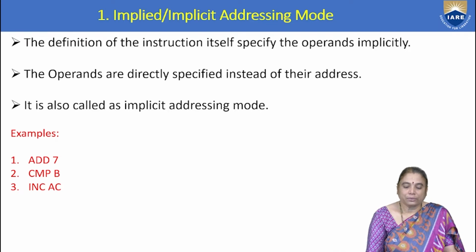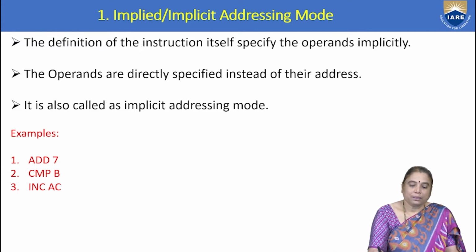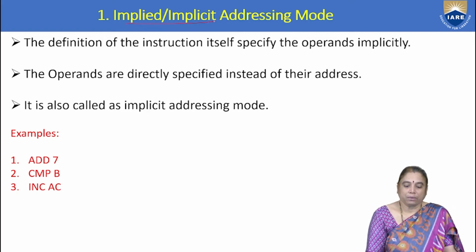The first addressing mode is the implied or implicit addressing mode. The definition of the instruction itself specifies the operand implicitly. The instruction specification itself involves the specification of the operand. That's why the name implied or implicit addressing mode is given.